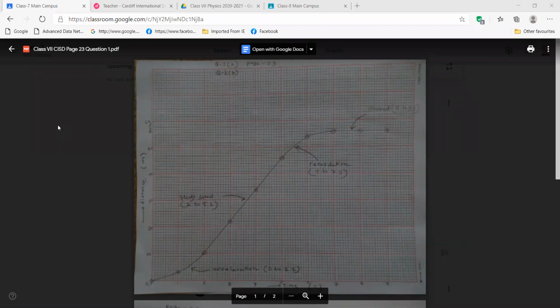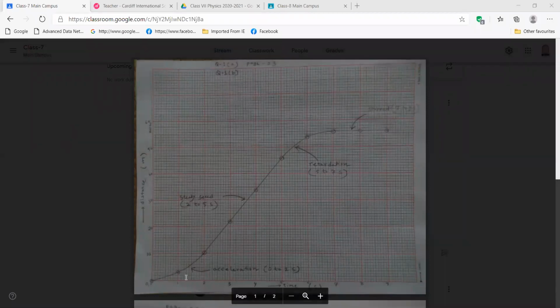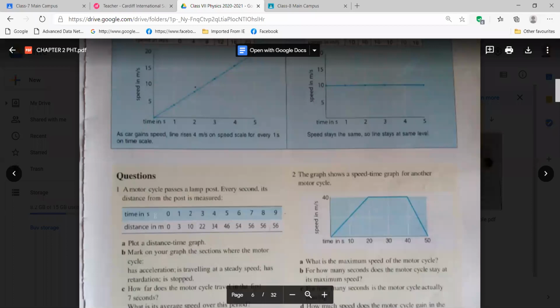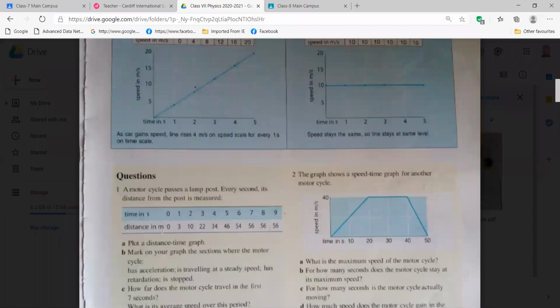Now, I'm continuing from the discussion we had till now. Look, we have here 0 to 60, and in the x-axis we have 0 to 9. Is it clear? So, from our given values, we will check the first one. The time is 0, distance is 0.